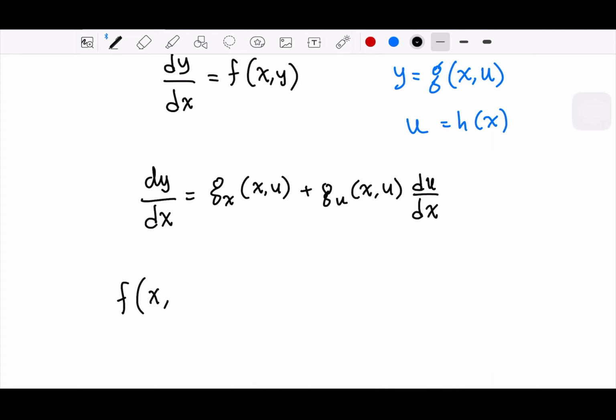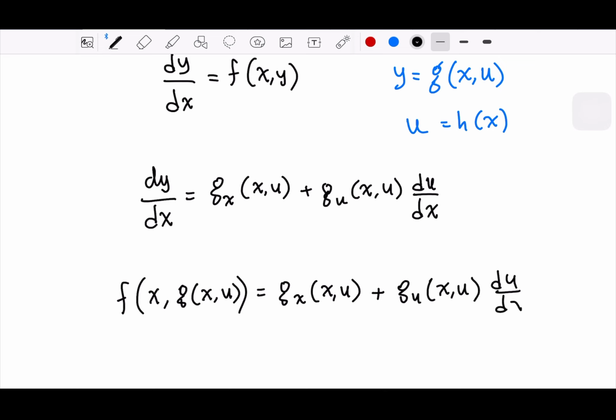We can write x and then g, where g is a function of x and u, and then we have g_x plus g_u, the partial with respect to u, times du dx because of the chain rule.